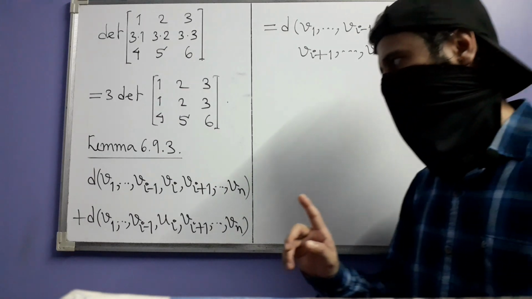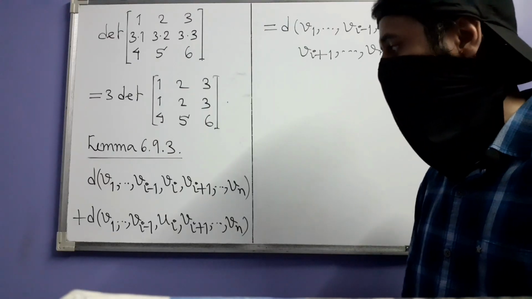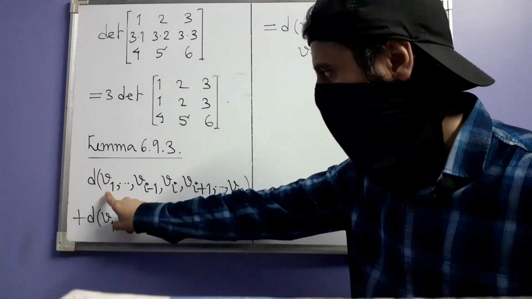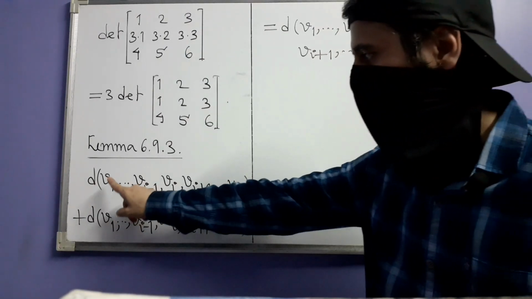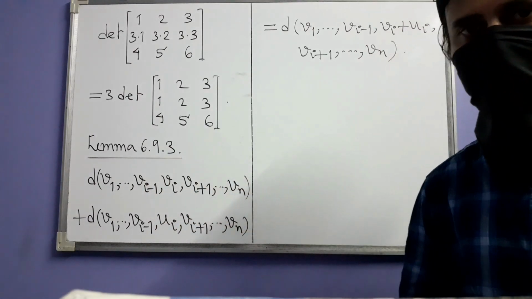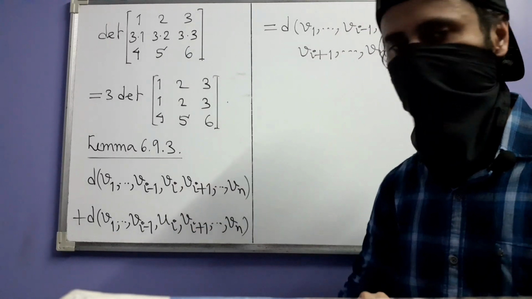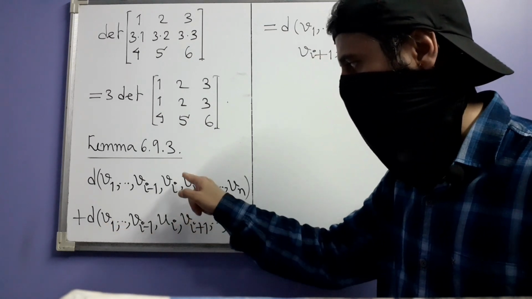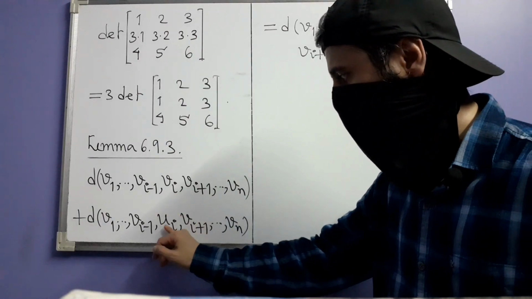So this lemma tells us about adding two determinants of matrices which only differ in one particular row. You can see here that the first matrix has rows which are actually all the V's: V1, V2, like that, Vi minus 1, Vi plus 1 up to Vn. And then we have another matrix which has almost the same rows, V1, V2 up to Vi minus 1, but then the ith row is possibly something other than Vi, so this is Ui.